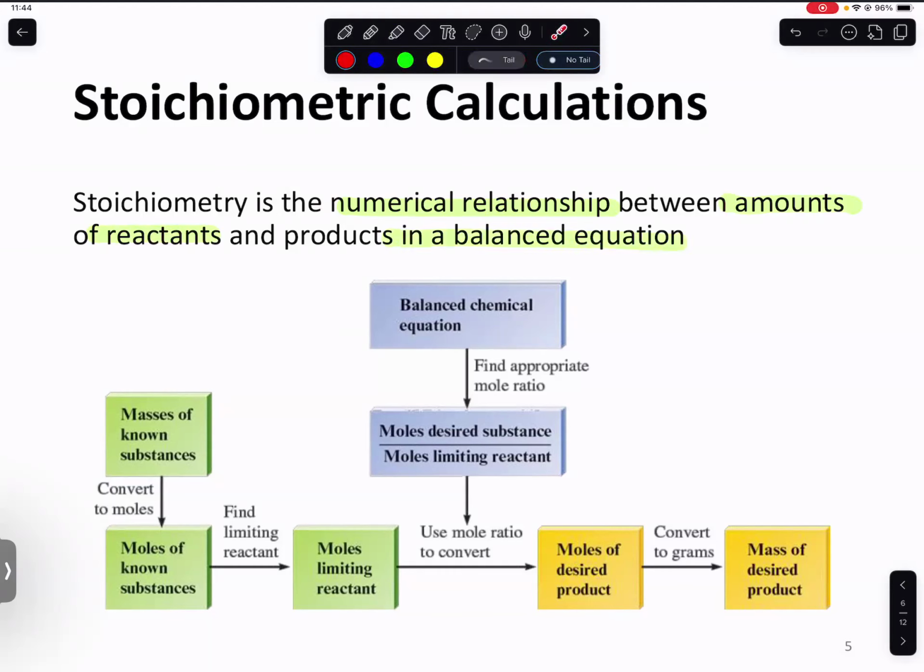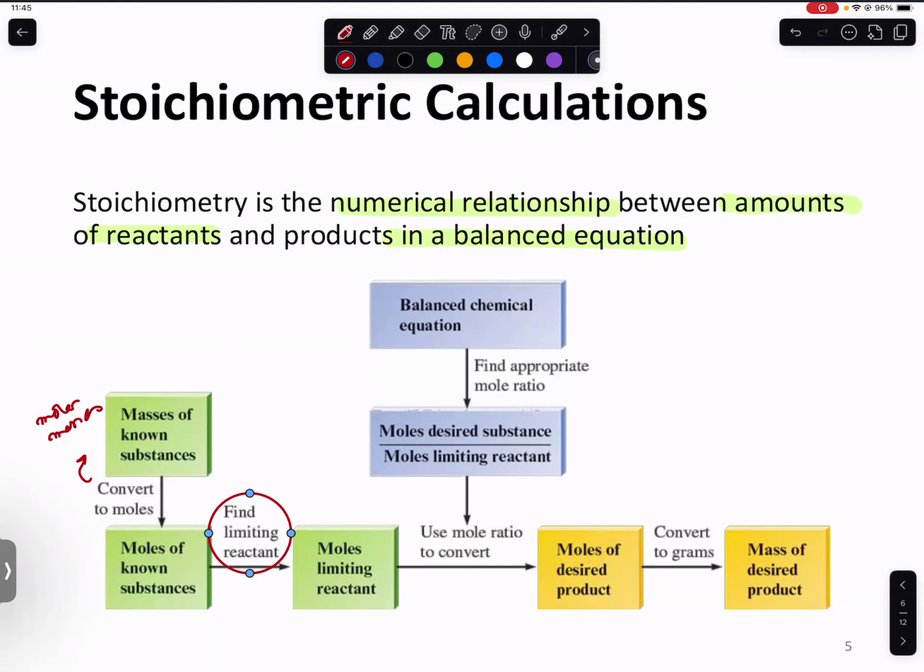So if we look right here at this flow chart, we can see on the left here in green are the masses of the substances, which I can convert to moles using the molar masses. And then we will do this in class, is how to find a limiting reactant and find its moles.